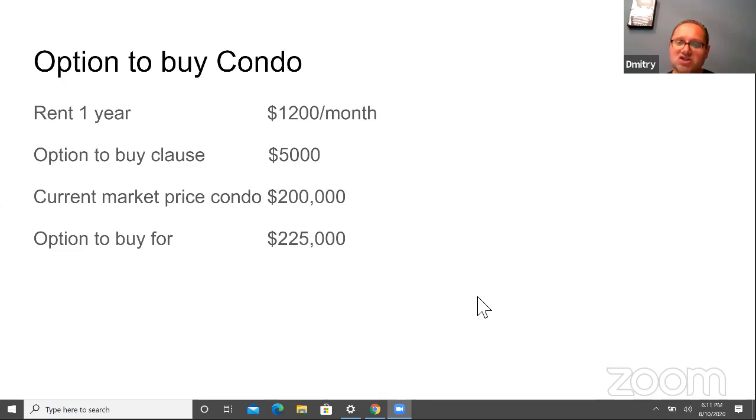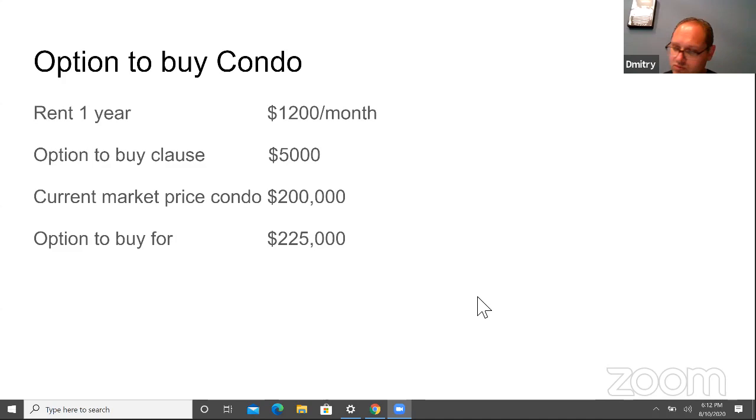He has that obligation to sell me the place according to the clause. So if it goes to $1 million, he has to sell it to me for 225,000. That's the contract, right? He got 5 grand for it. He's obligated then to sell me that place if I exercise my option to buy it, right?